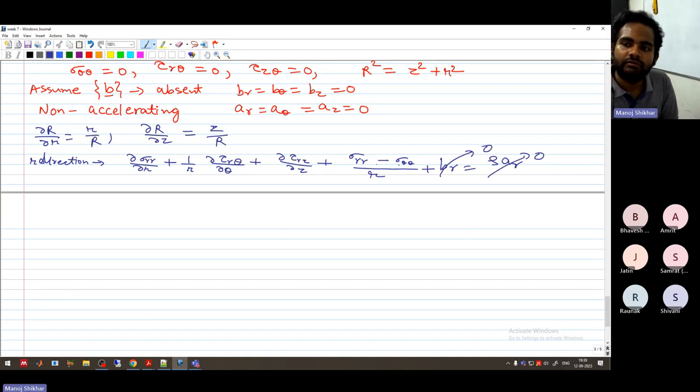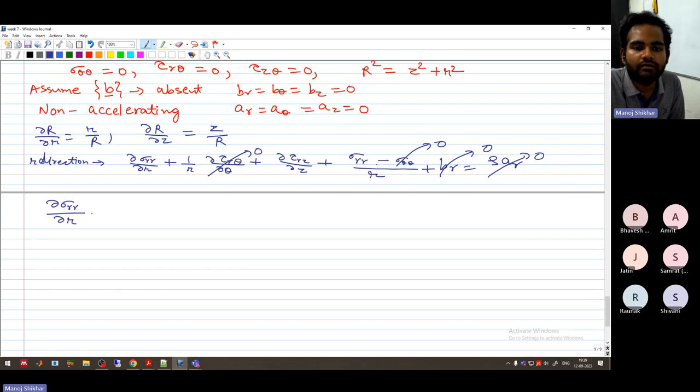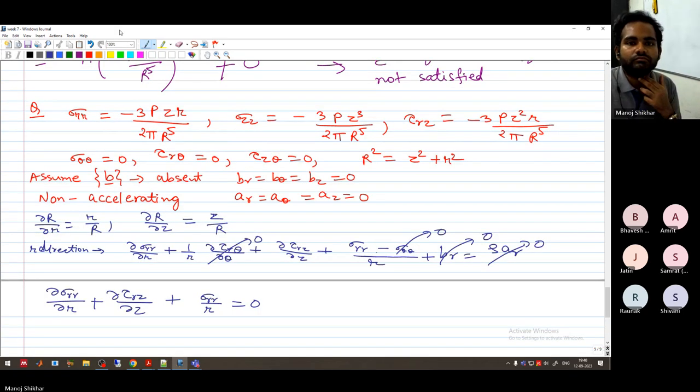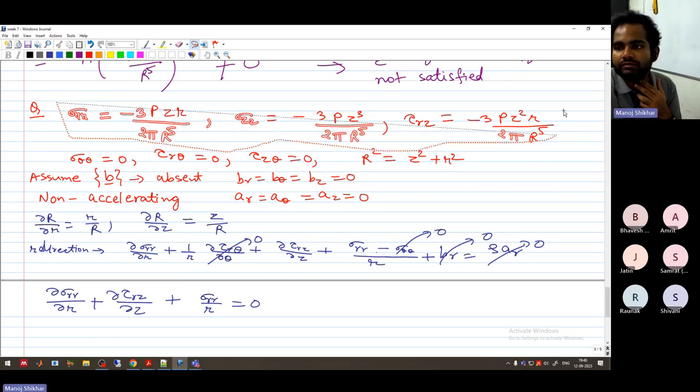This is 0. This is given 0 in the question. This is 0. So we are left with del sigma rr upon del r plus del tau rz upon del z plus sigma rr upon r equal to 0. Okay, so this is the first condition which should be satisfied. So let's copy this again.